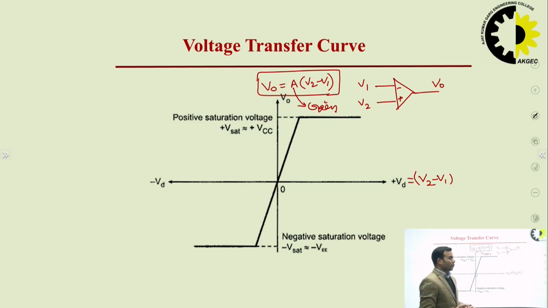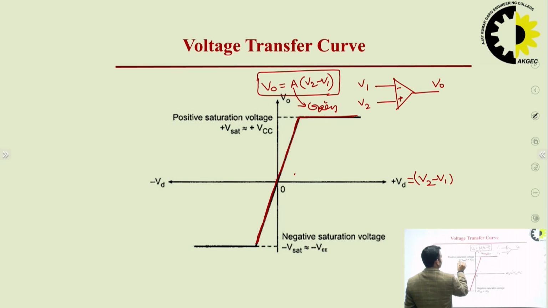Initially, the difference V2 minus V1 will be small, and when it is multiplied with the gain, the output will increase linearly with respect to input, like this. In this direction also, when the difference is negative, it will change like this. But at most, the maximum output can be plus V saturation.